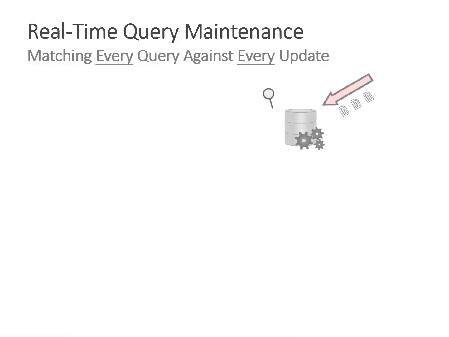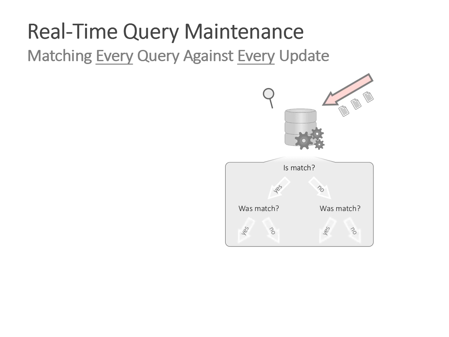The problem with real-time queries is that they are very resource intensive to provide. So just imagine you have a single real-time query, and now you have a single update operation hitting your database. Then you need to consider, okay, the item that was updated, is it a match to the query now? And did it match the query before the update occurred? And judging by these points of information, you have to deduce whether the result changed, or whether an item was added, or whether an item was removed.